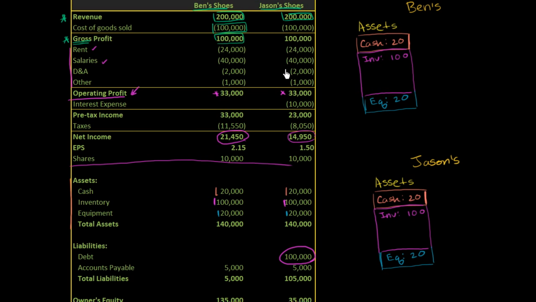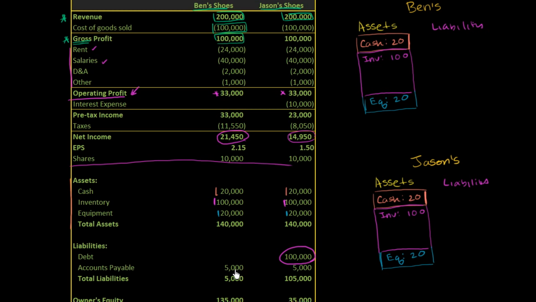Now, what's different about them is what happens on the other side of the balance sheet. This is what I meant by them having different capital structures. So let me draw the liabilities side for both of these characters. Liabilities there and liabilities over here. They both have the same amount of accounts payable.